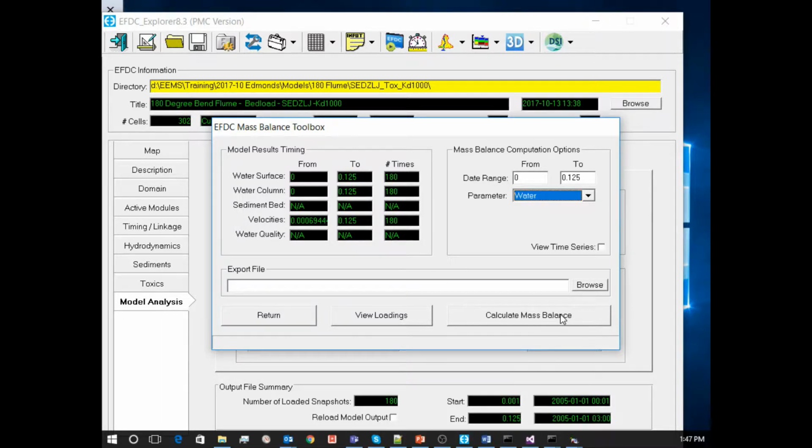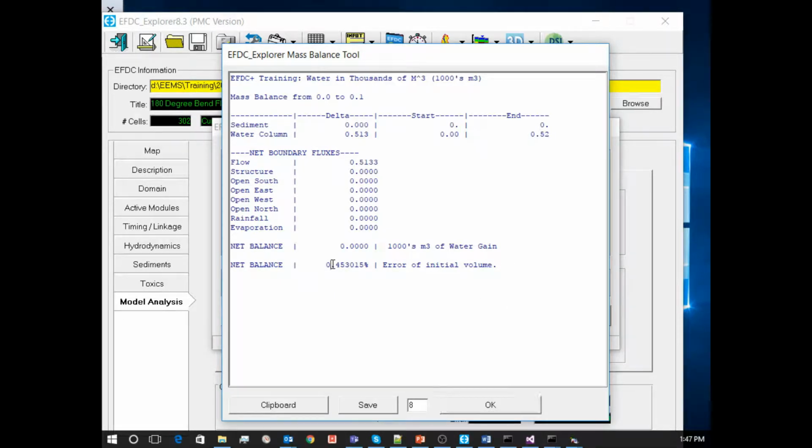This is the volumetric balance for the model. 0.5%. That doesn't sound all that good from a mass balance perspective. Two things are going on. Number one, this is single precision. Number two, the reason the relative percentage is so high is because my initial volume is so infinitesimally small compared to the amount of water that came in.